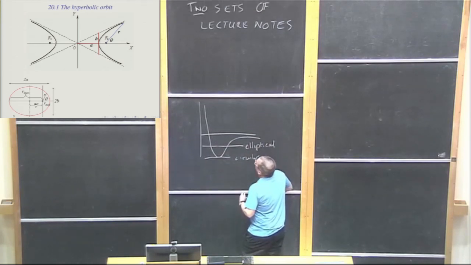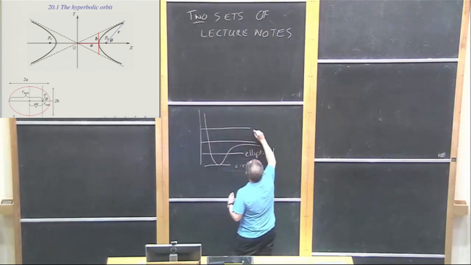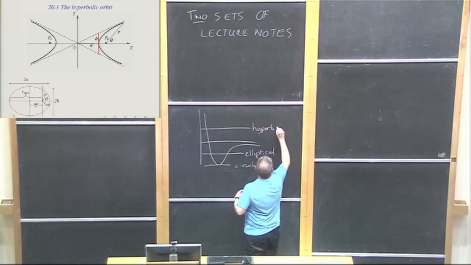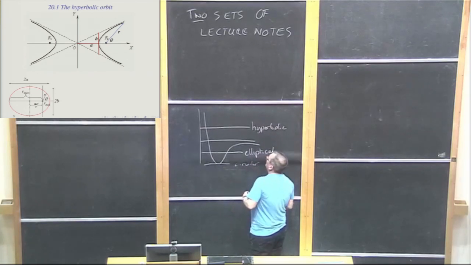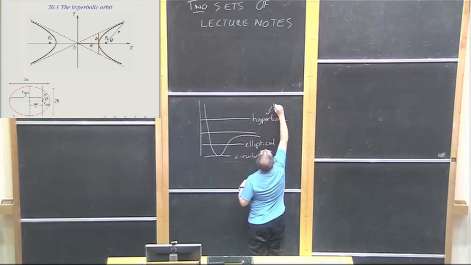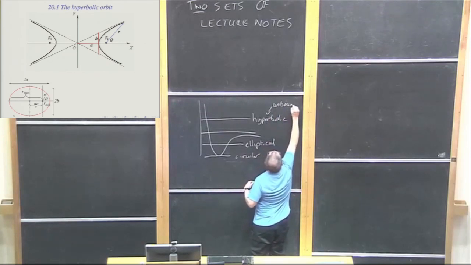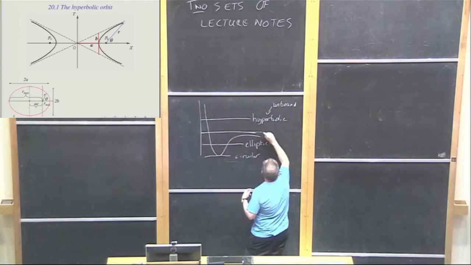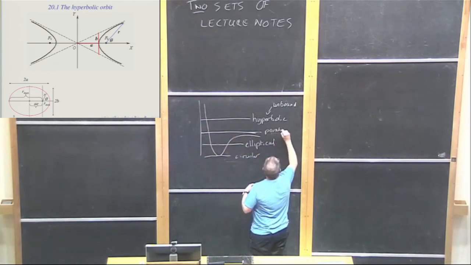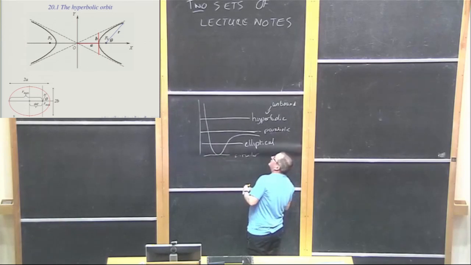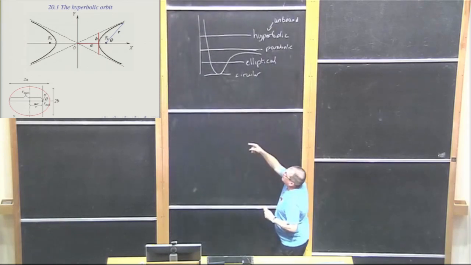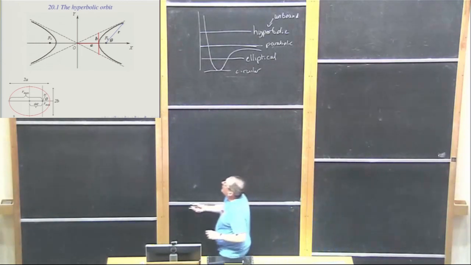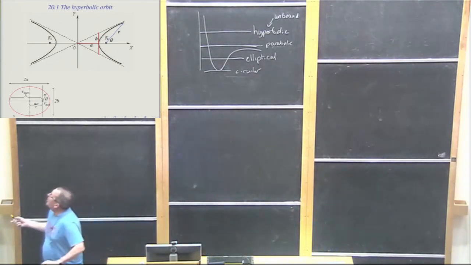I now want to consider this regime here, which turns out to be hyperbolic orbits, which are, of course, unbound. Now, there's a special case in between, which is just here, which is parabolic, also unbound. But this is really a special case of the hyperbolic. So here we just draw hyperbolas.